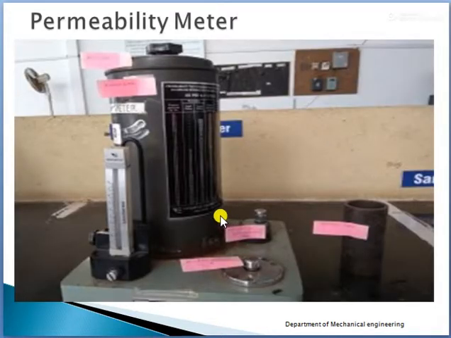Here we have the permeability meter. In the permeability meter we have these parts. The upper part you are going to call a bell jar, and this part a water tank, and here you have a manometer, and here a multi-position cock, and here the nose piece for fixing the specimen tube.